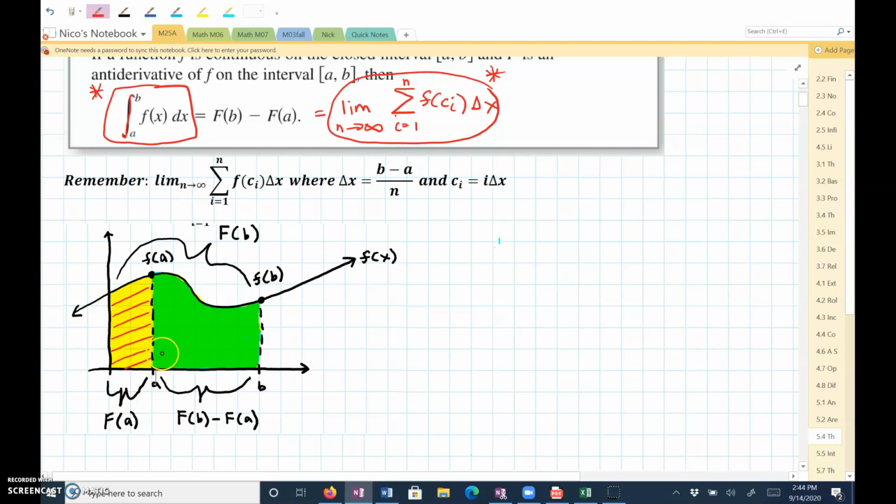F of b would be this area. If we wanted to find the area underneath the curve, which is just in here, we do F of b minus F of a.